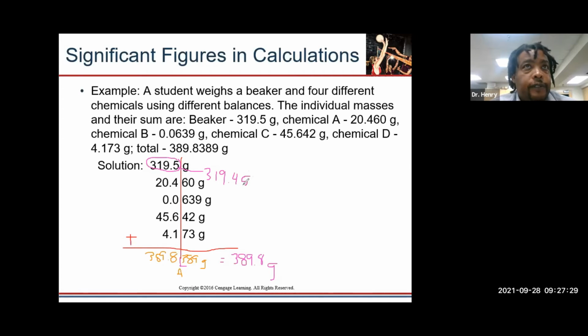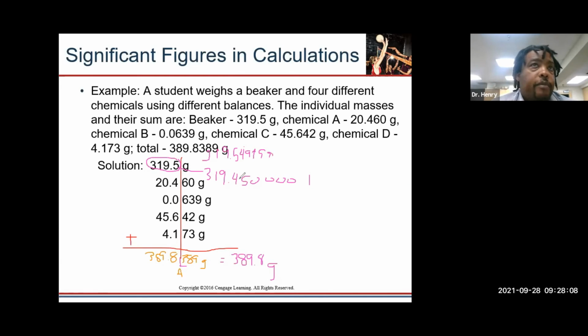319.45, 0.00001, or it could be 319 point 5 4 9 9 9 9.